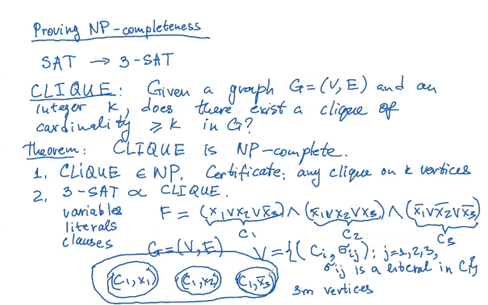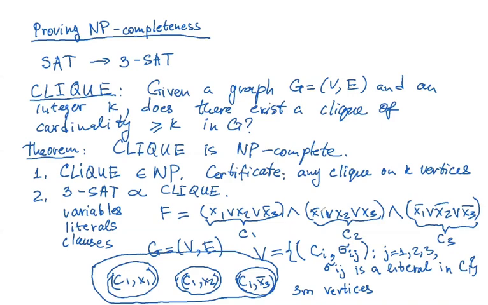Now when we assign these variables, for example, if we assign x1 to true in the first clause, then we cannot satisfy the clause C2 by using the variable x1 anymore, because in the clause C2, we have the negation of variable x1. So we cannot satisfy C2 by this literal.